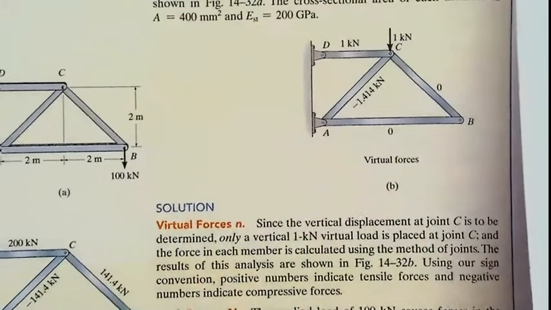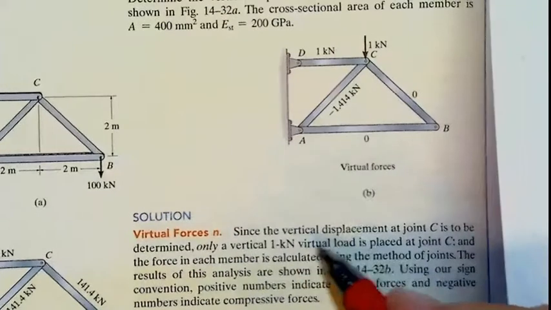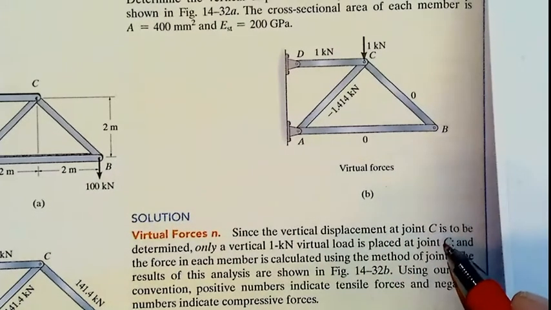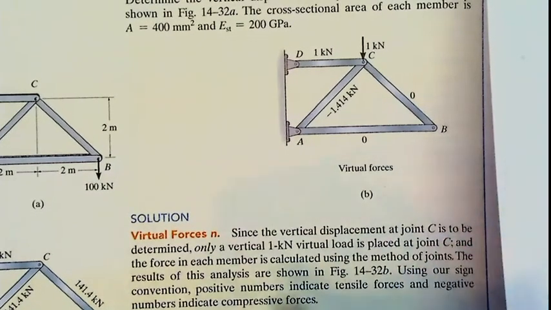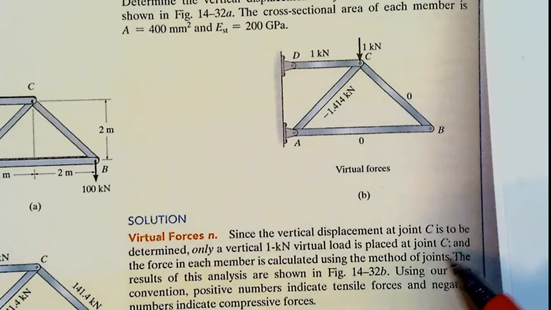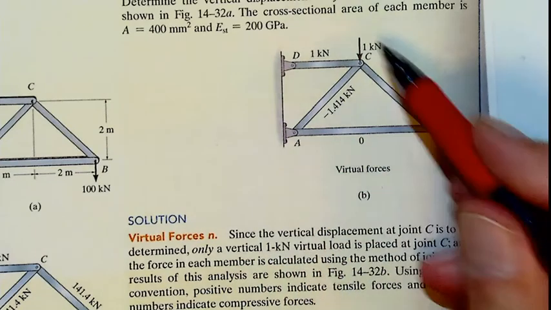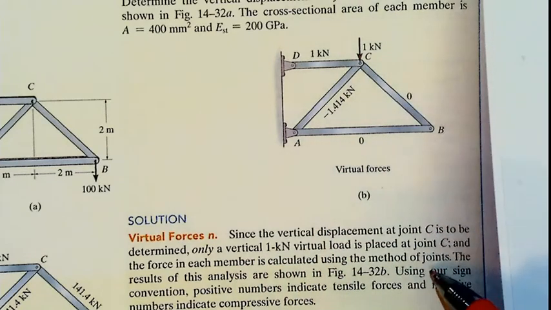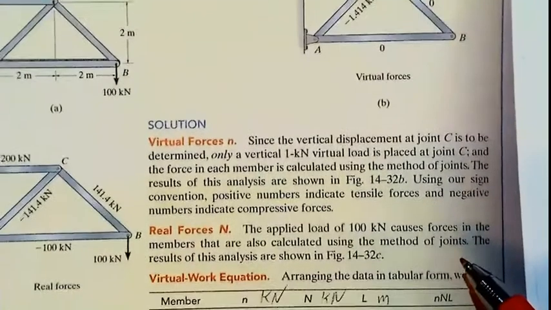Virtual forces n. Since the vertical displacement of joint C is to be determined, only a vertical 1 kilonewton load is placed at joint C, and forces in each member should be calculated using the method of joints. It's very simple.